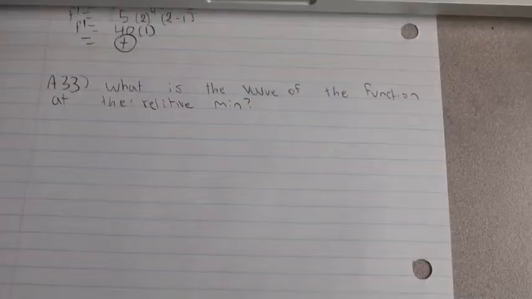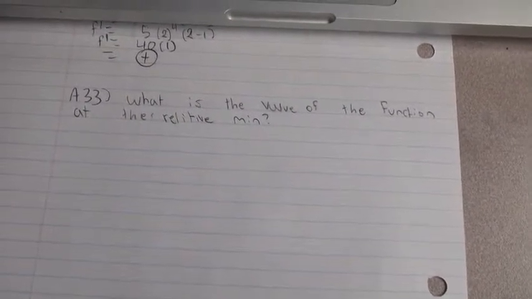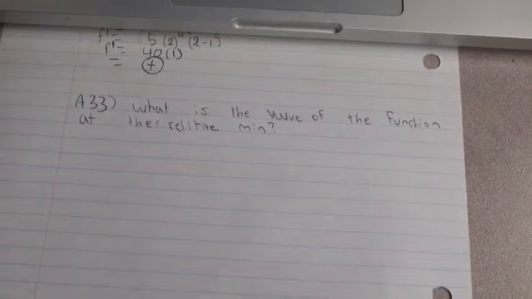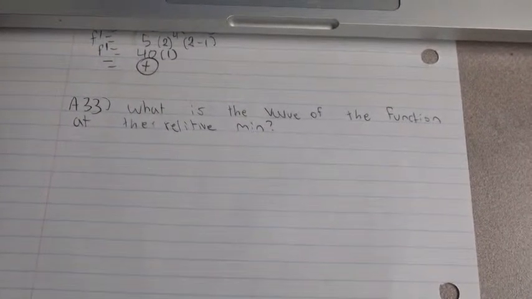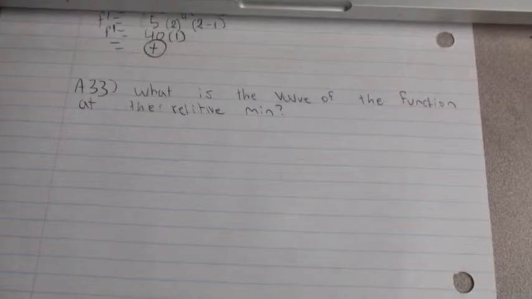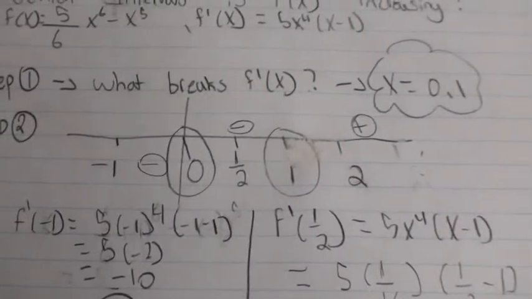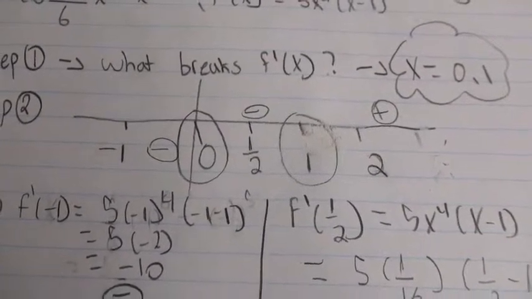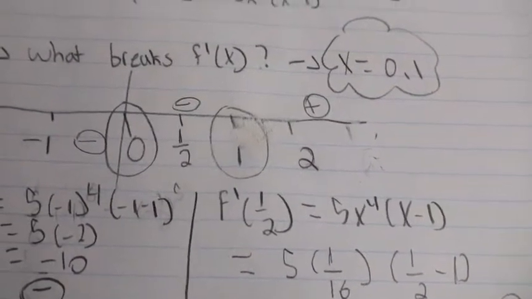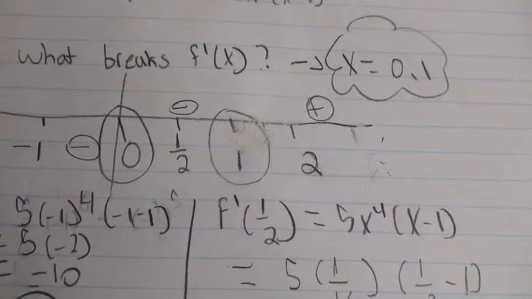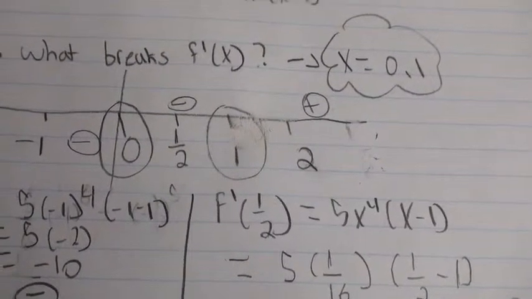So now on to question 33. What is the value of the function at the relative min? To find the relative min, we know that it's in between the decreasing and increasing intervals. So what number is this? You look at our number line, and you know it's where the function decreases first and then increases.